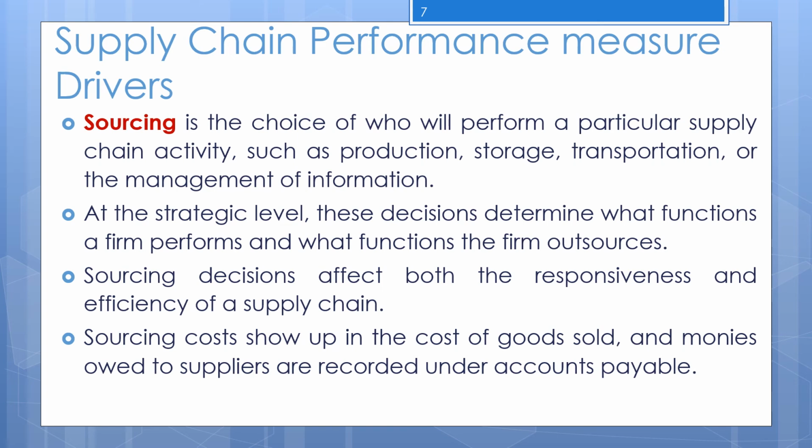Then it also has something called the second component that we can list under sourcing, which is supplier selection. So company managers must decide on the number of suppliers they will have for a particular activity.